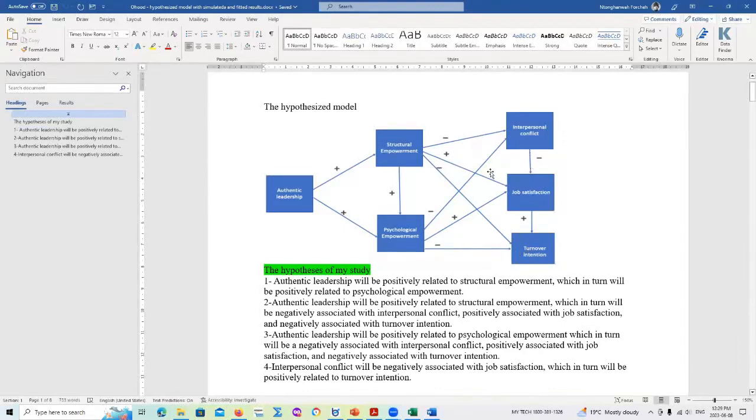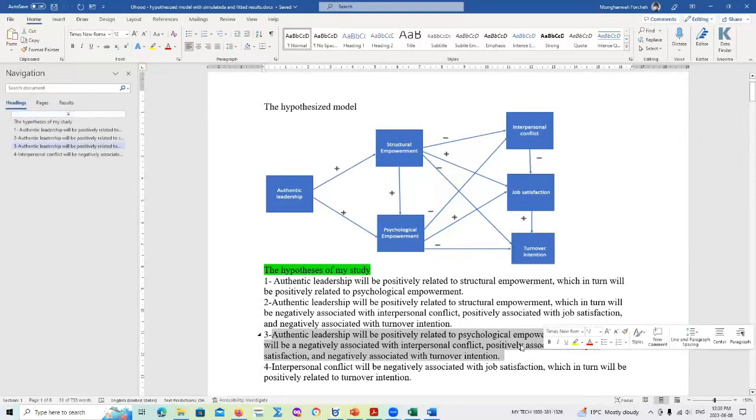Yeah. Okay. And then in testing the hypothesis, I run the CFA and structural models.